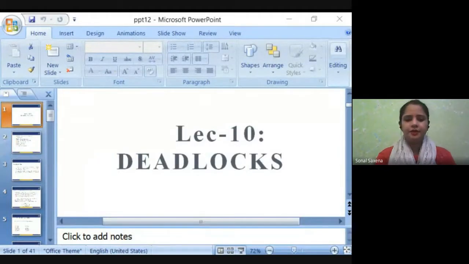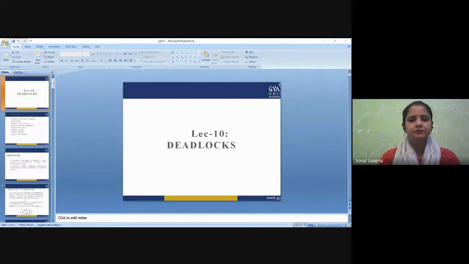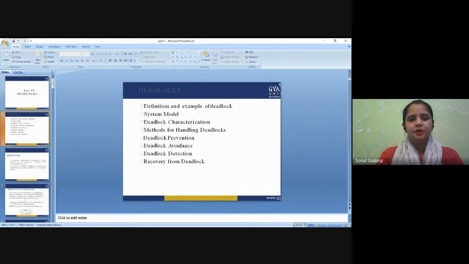So here we are going to see deadlocks first of all. While studying deadlock, these are the objectives of today's lecture.